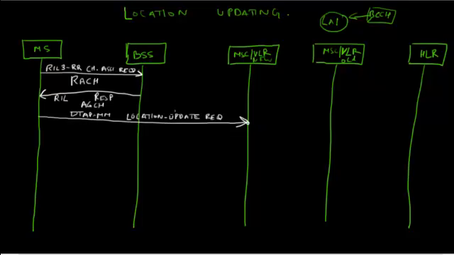Now this message has the IMSI of the mobile, and it also has the old location area identity which the mobile has stored in its SIM card. This message is sent from the MS to the BSS, and the BSS forwards this message to the MSC VLR. DTAP is another form of BSSMAP message, which is used for direct communication between the MS and the MSC VLR or the MSC.